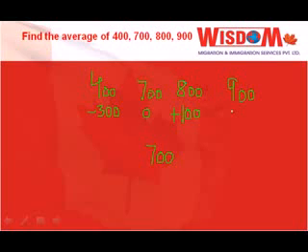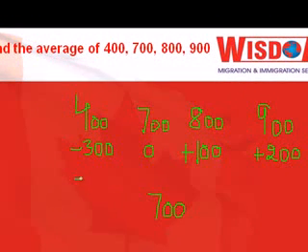Similarly, the deviation that 900 would be giving from 700 is positive 200. So if I add all the deviations, it will come out to be 200 plus 100 minus 300. That will come out to be 300 minus 300, that is 0.